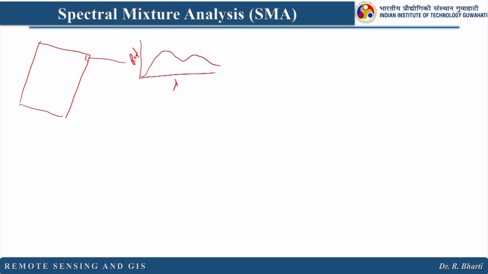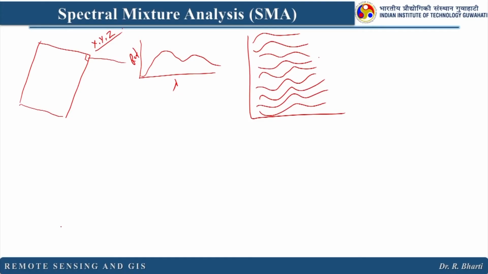We are trying to resolve this spectra in terms of x, y and z, because we know that x, y, z are present in that particular pixel, but we don't know the contribution of x, y and z. So we need to resolve this in terms of library spectra. For x, y, z we have the library spectra, and the library has many, so these three are included in this library.